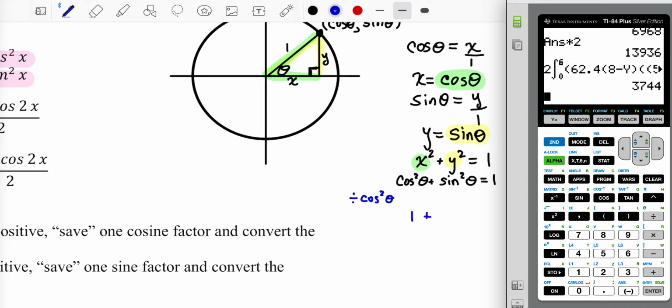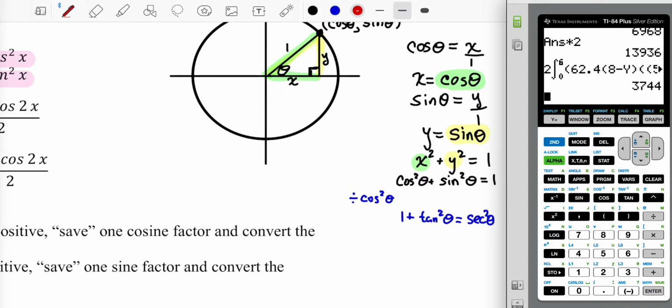Sine squared divided by cosine squared is equal to tangent squared. 1 divided by cosine squared is equal to secant squared. So a corollary to the main Pythagorean identity is another Pythagorean identity, just a little less recognizable from the circle, and that is that 1 plus tangent squared is equal to secant squared.